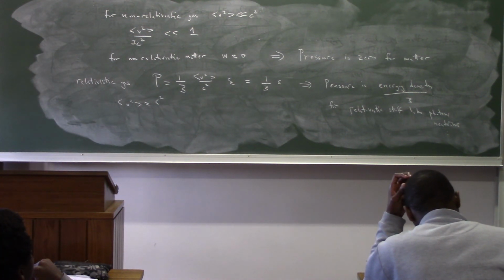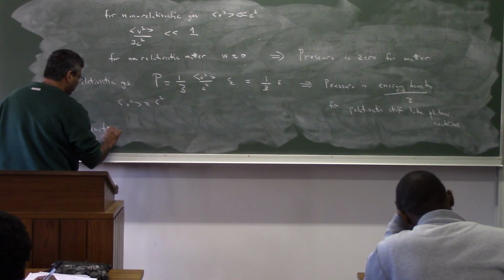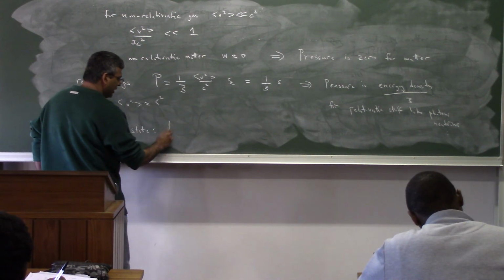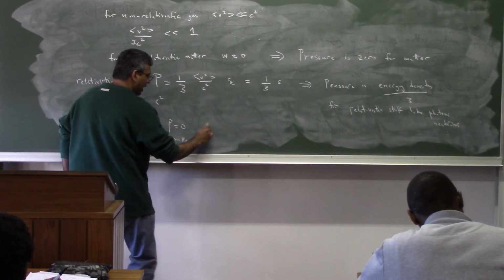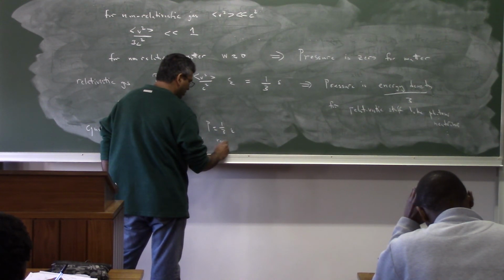So there are two different equations of state that we've discovered so far: P equals 0 for ordinary matter, and P equals 1/3 epsilon for radiation.